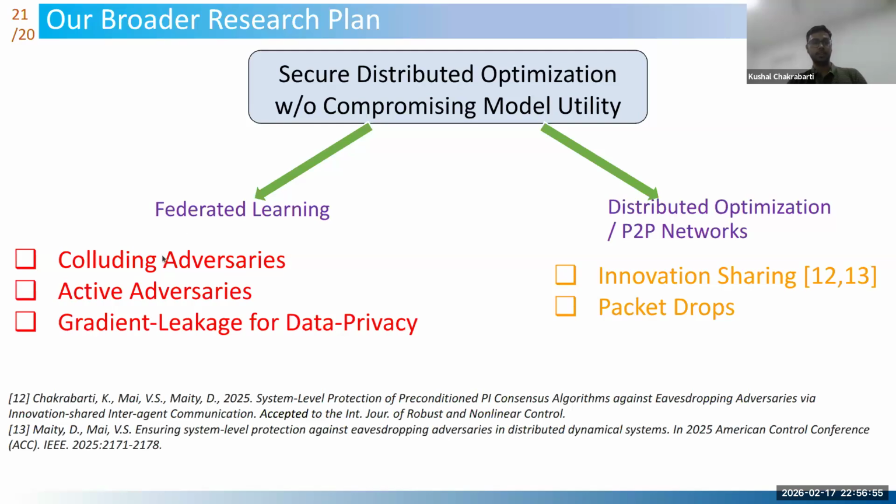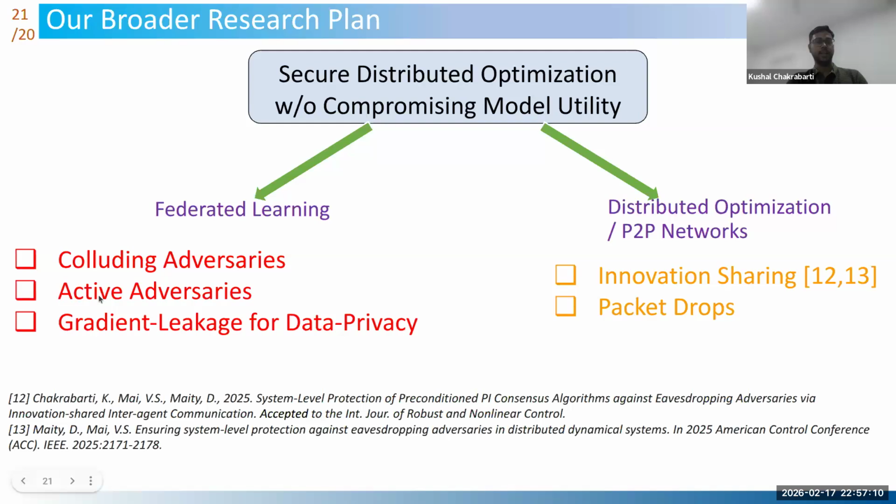Also, this entire discussion I have focused only on passive adversaries, meaning that the adversary is honest but curious. So it is trying to estimate the model but not going to affect your actual FL algorithm.